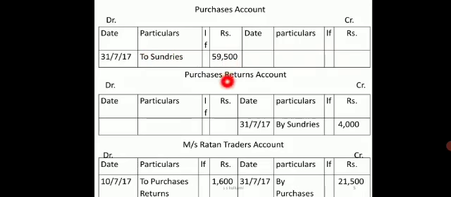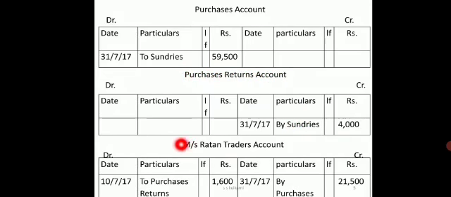So we'll write the total. Next, similarly, when returns are done, the supplier's account is debited and purchase returns is credited. So it will be on the credit side.